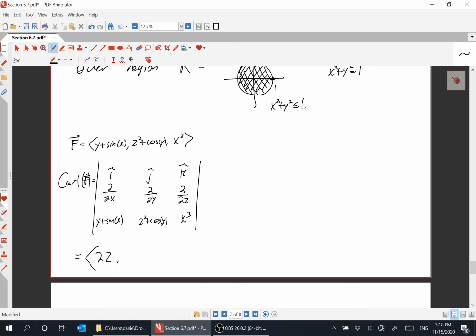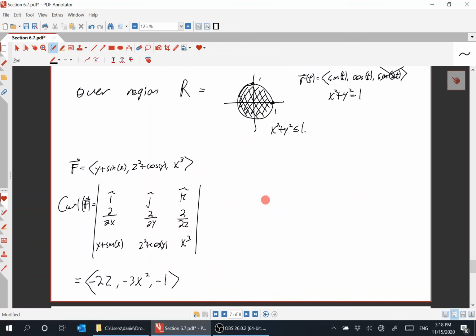Looking better already, right? 0 and then 2z. In the j component, it's going to be 0 minus 3x squared. Oh, I think it was minus 2z. Right, 0 minus 2z. This one is 0 minus 3x squared. And then in the k component, this is 0 minus 1. So that's the curl, which is definitely a little bit easier looking than F.